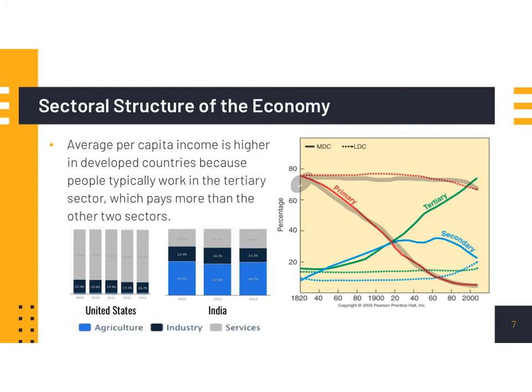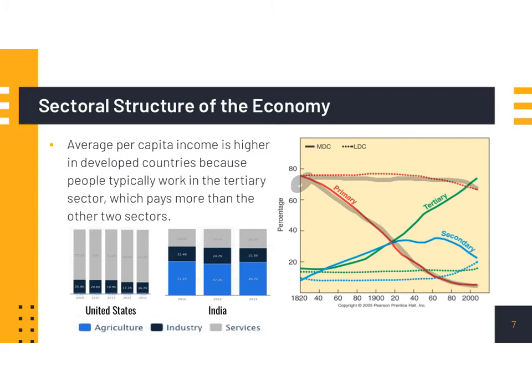Okay, so we have two countries in comparison. We have the United States, and then we have India. So the three colors we have are the royal blue is agriculture, the dark blue to black is industry, and the gray is services.